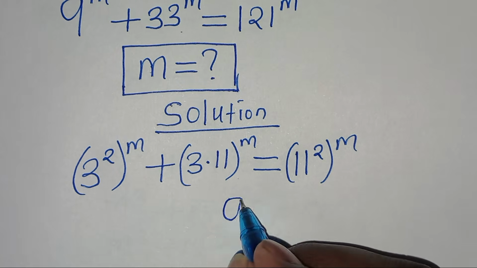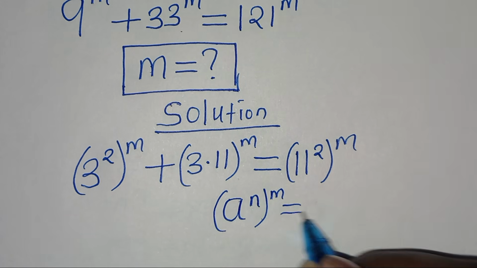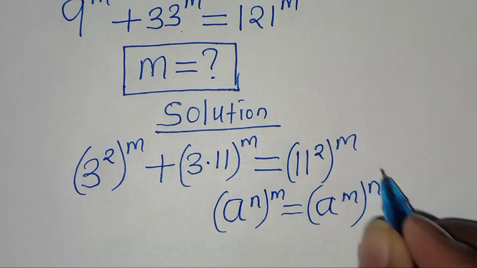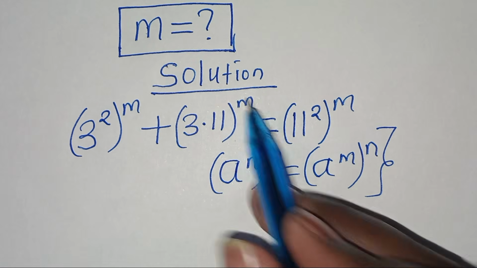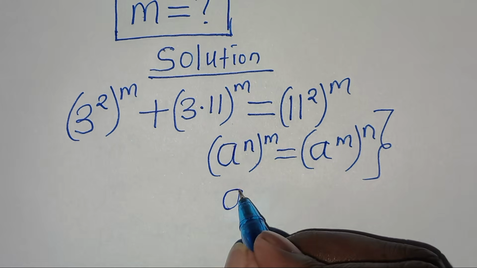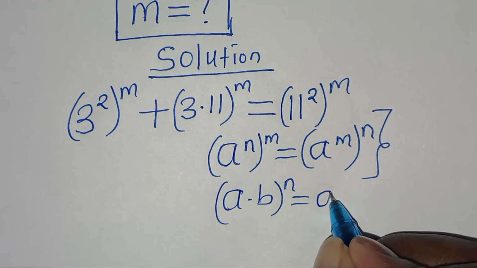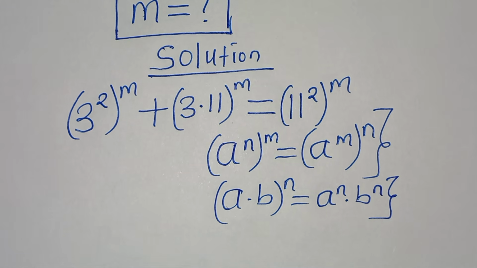This is in the form of (a^n)^m, which we can express as (a^m)^n. We also have (3 times 11)^m, which is in the form of (a times b)^n, which we can express as a^n times b^n.